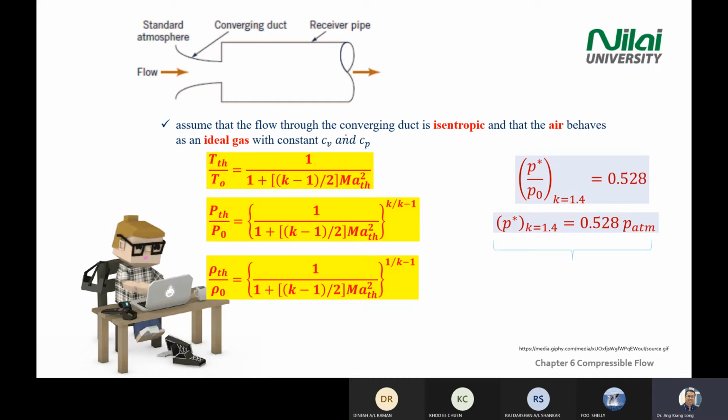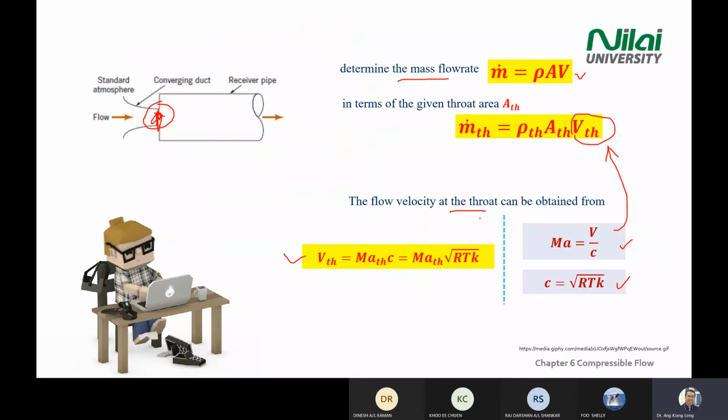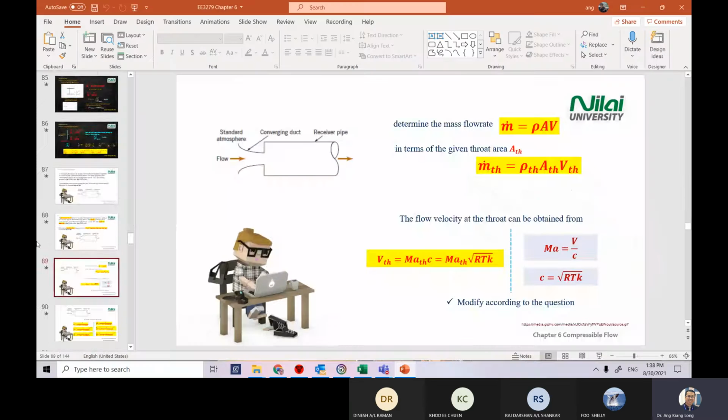So you can see that at the throat, for K equal to 1.4, P star divided by P naught equals 0.58. How do we get this number? There are derivation steps for this number.